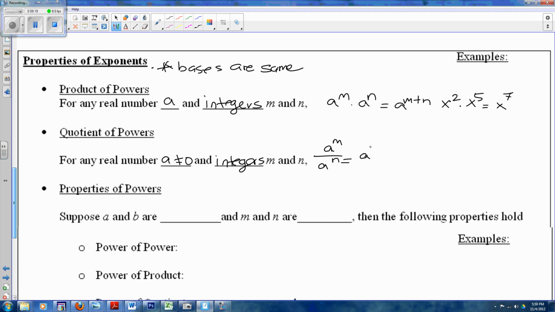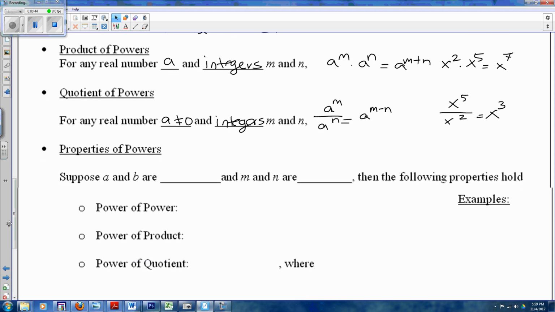We can subtract exponents. So example, if we have x to the 5th over x squared, 5 minus 2 gets you 3, so x to the 3rd power. And you should have all seen this in Algebra 1, so hopefully this is looking familiar.